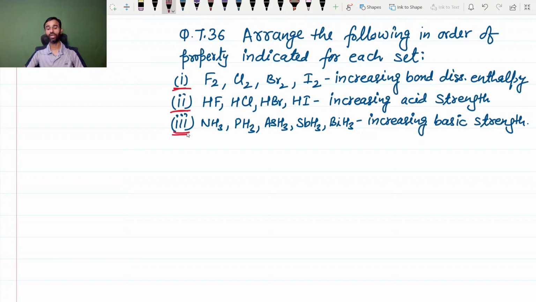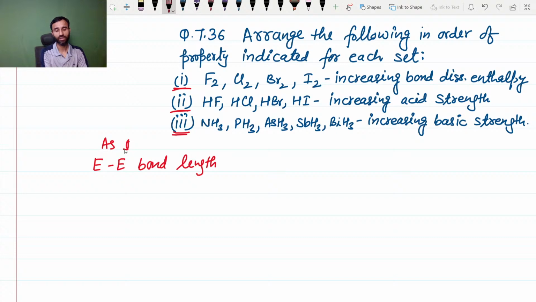Arrange the following in order of property indicated for each set. First is fluorine, chlorine, bromine, iodine. If you think normally, as the size of the atom increases, element-element bond length increases.